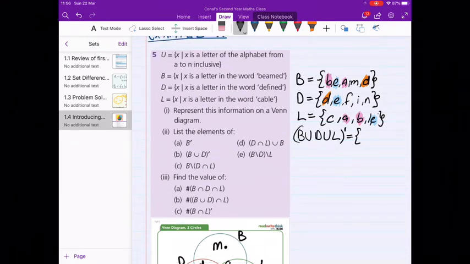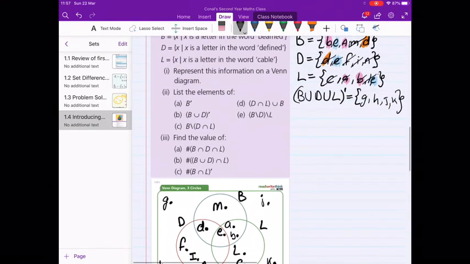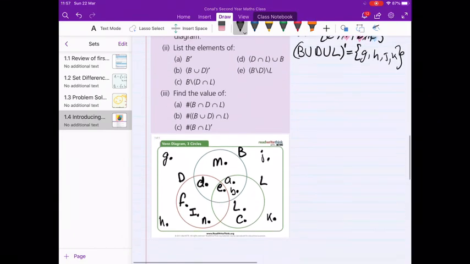So if we're going through the alphabet, A to N inclusive, A is already there, B is already there, C is already there, D, E, F, there's no G, H, there's no H, there's no I, J, K, there's an L, there's an M, there's an N. Okay, so that's all the way up there. So we have G, H, J, and K all have to go on the outside. Okay, so that's the Venn diagram completely filled out.